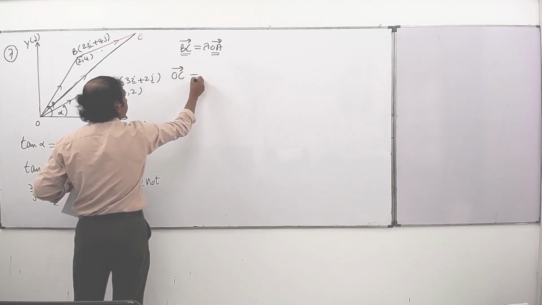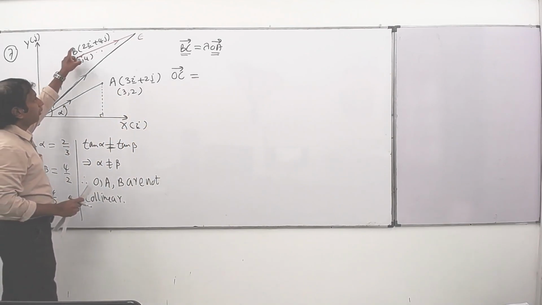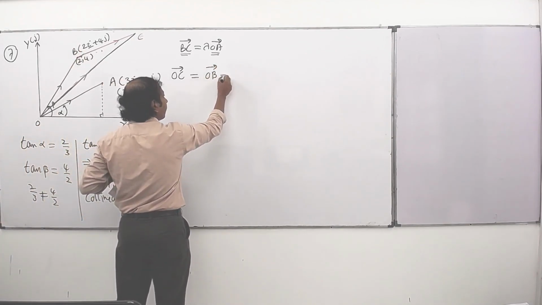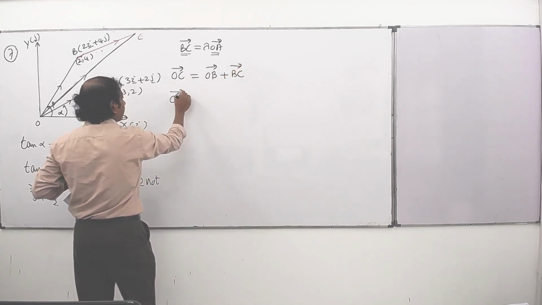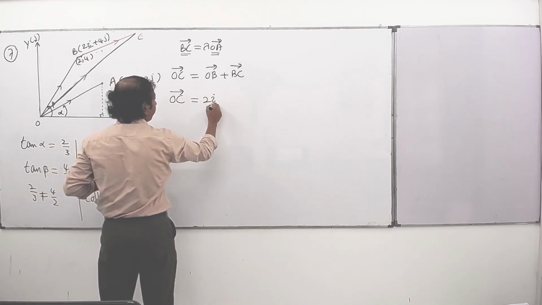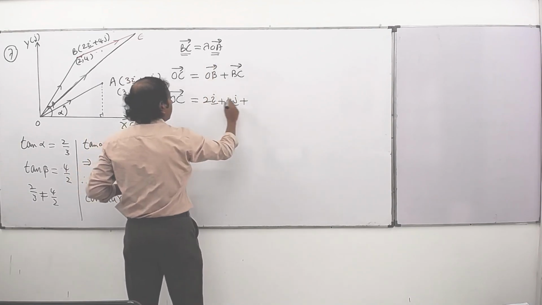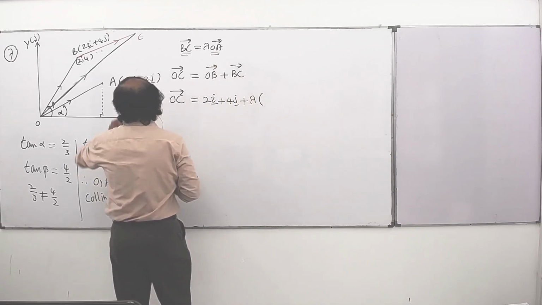OC we can write as OB plus BC. OB vector is 2i plus 4j. BC vector is lambda OA, but the OA vector is 3i plus 2j.